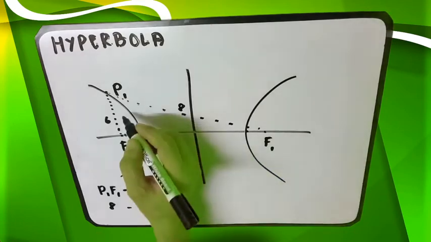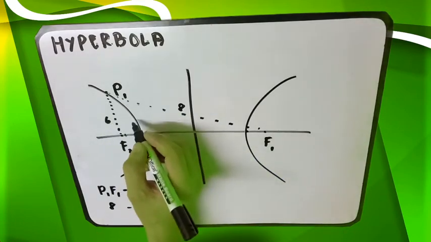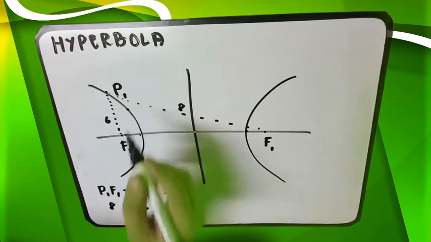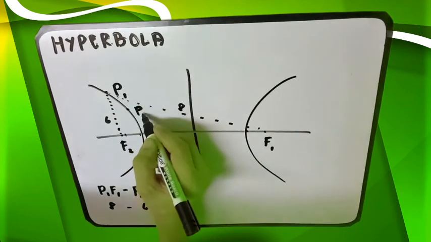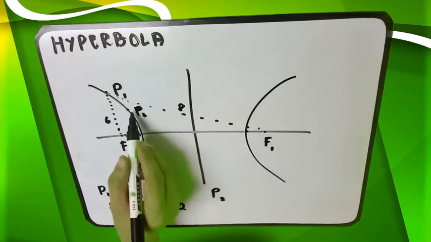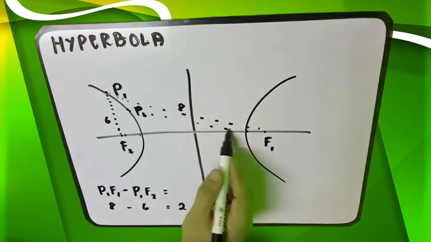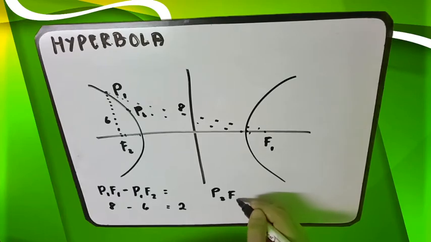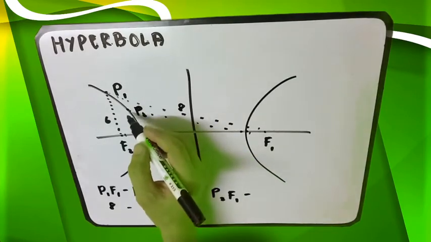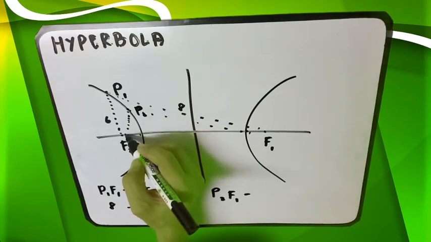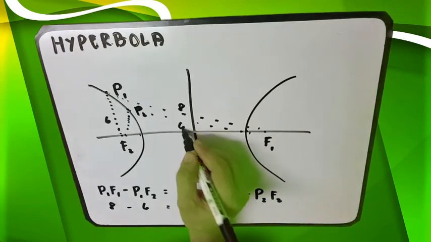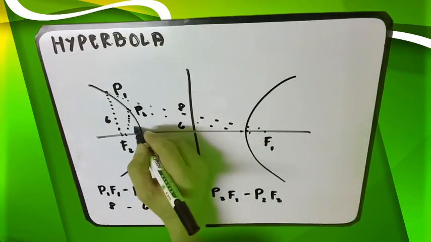And then gamit tayo ng another point na naandito sa hyperbola. Halimbawa, this is point 2 or P sub 2, yung distance from P sub 2 hanggang F sub 1 at bawasan natin ng distance from point 2 hanggang F2, halimbawa ito ay 6 at ito naman ay 4.